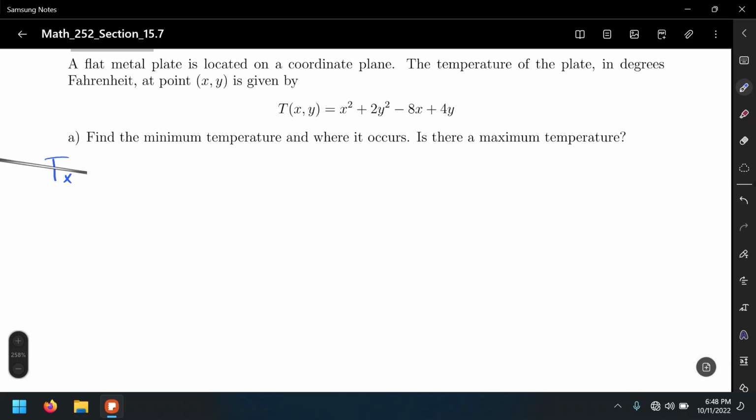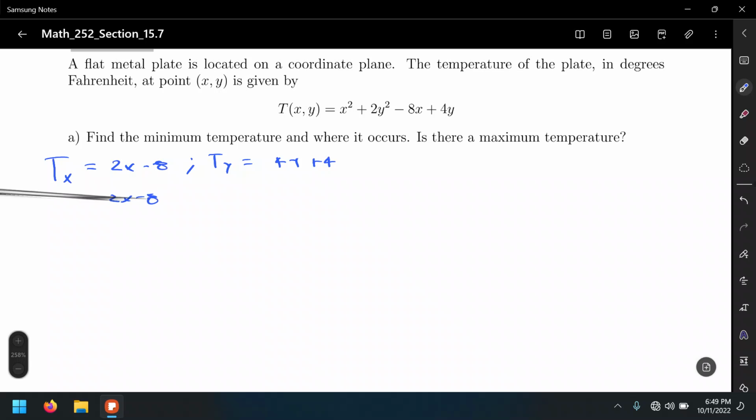T sub x is 2x minus 8 and t sub y is 4y plus 4, and we need to set these partials equal to 0 to get the critical point in this case.